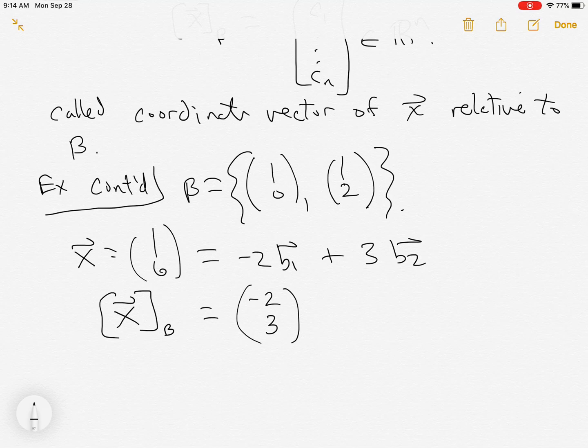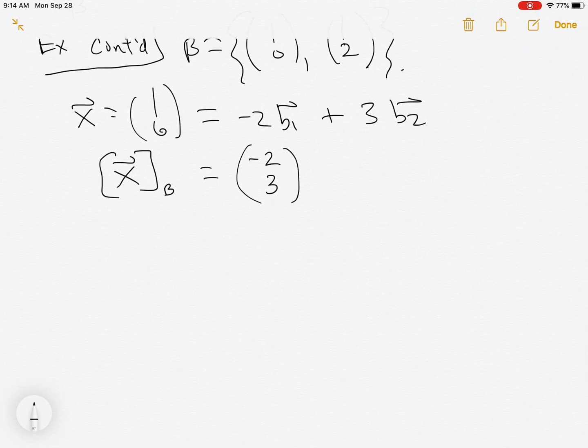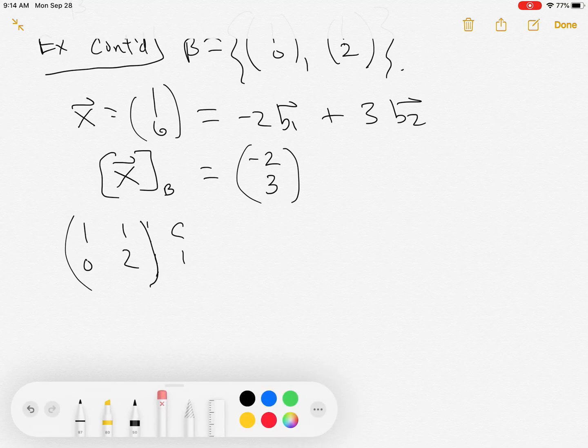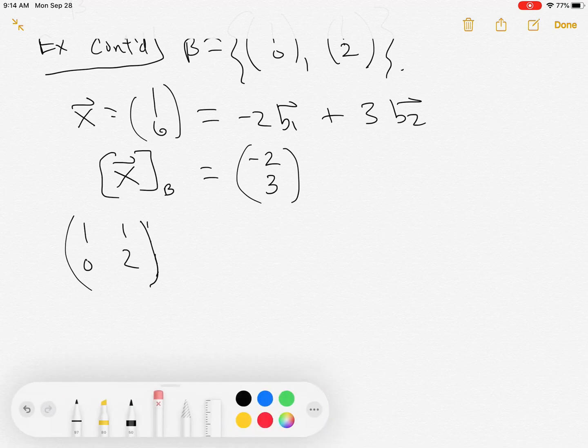All right, well, how did we get that? Well, what we did is we took the basis vectors (1, 0), (1, 2), and multiplied by C1 and C2.